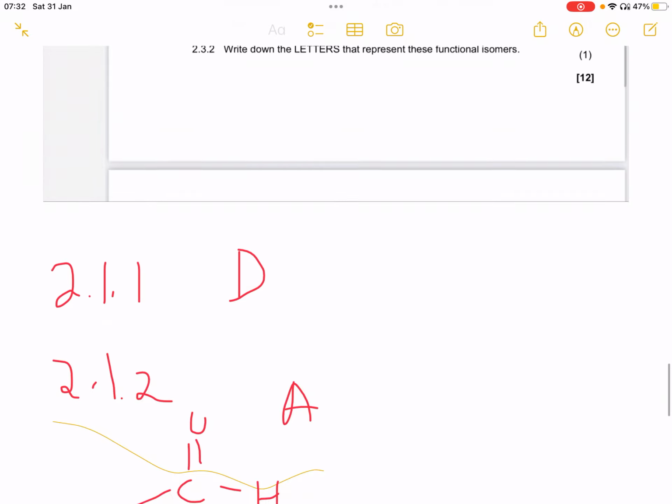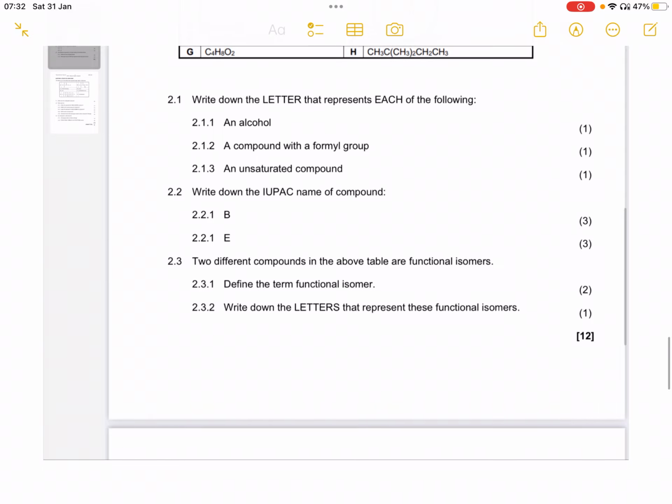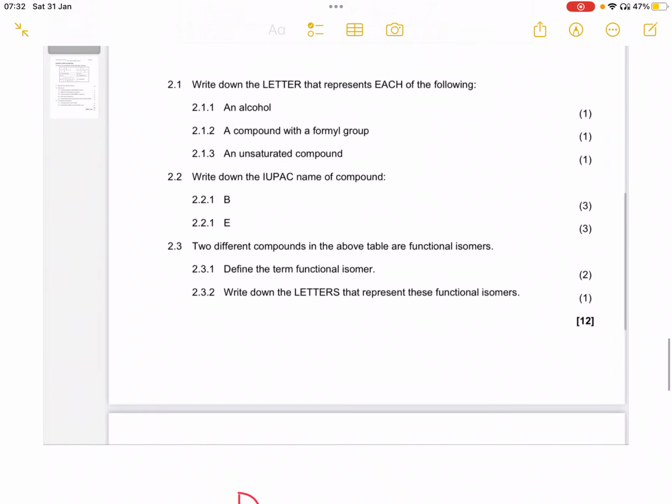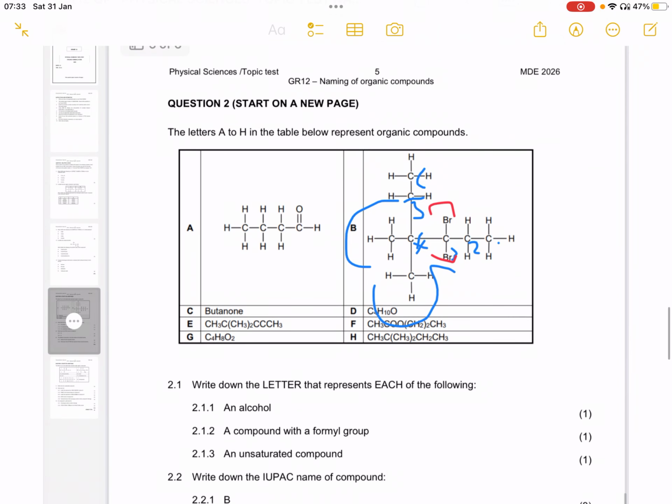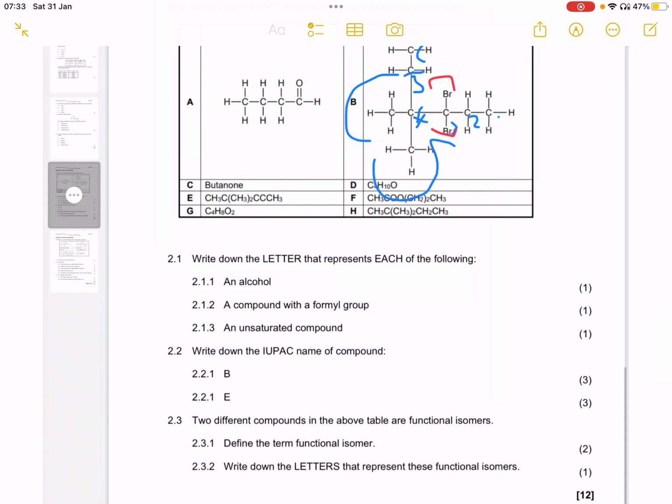What is our question in 2.2.2? Oh, they rewrote it as 2.2.1. For compound E, write down the IUPAC name. Then we'll have to draw the structural formula first for compound E, which is CH3, CH3, CH3, and CH3.